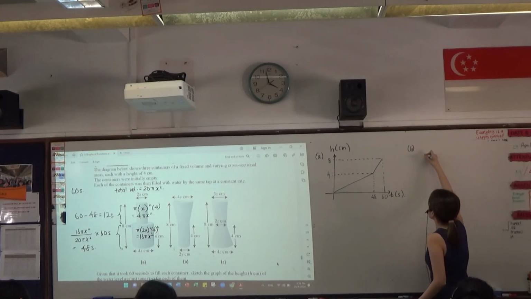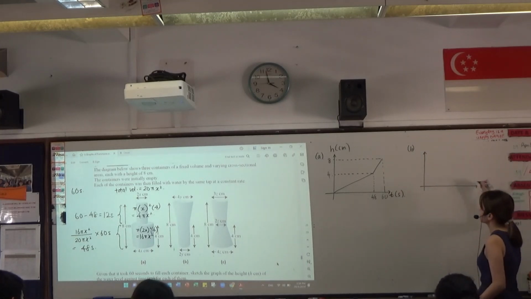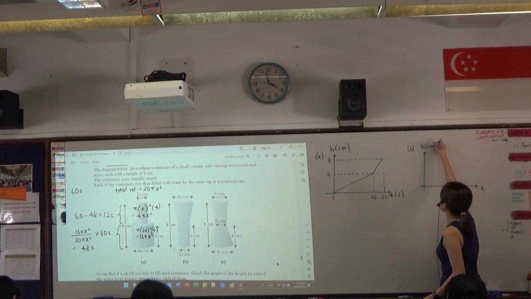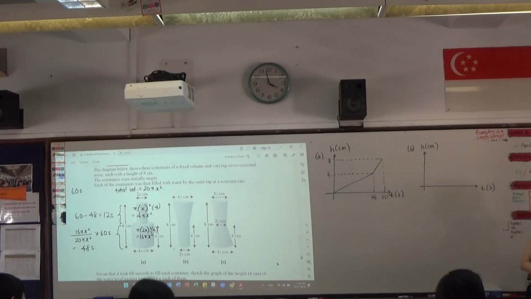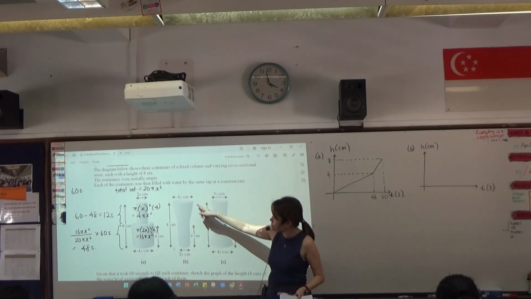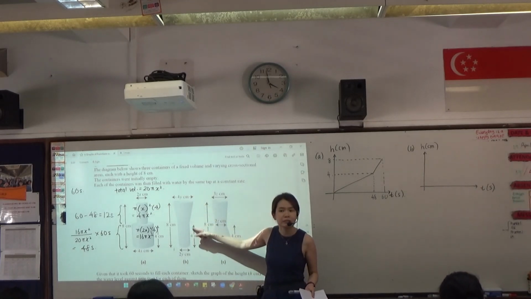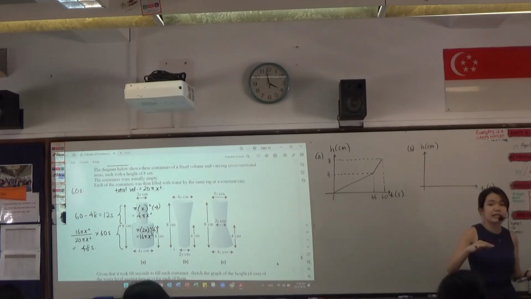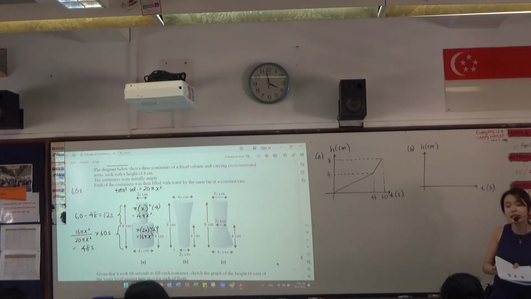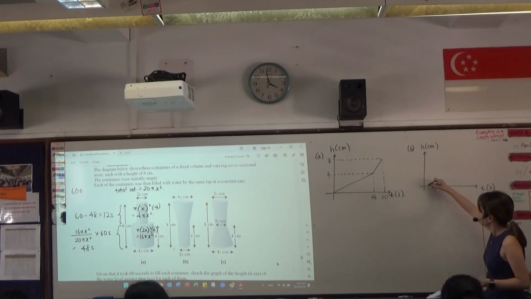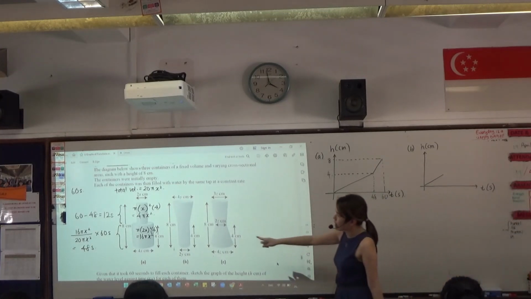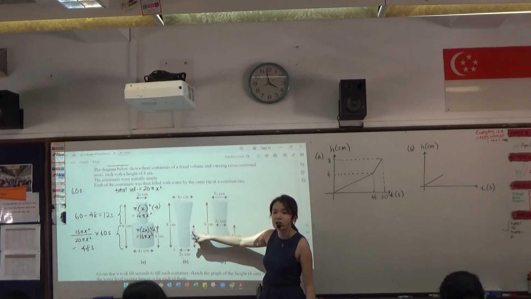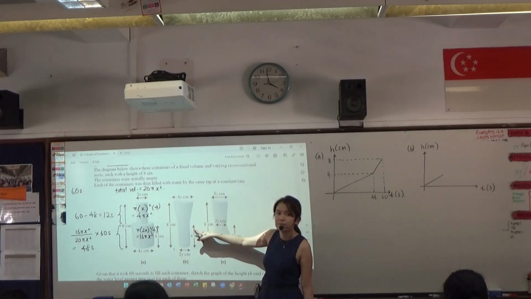For part B and part C, we are not able to determine because we don't have sufficient information. But we know that for part B, the bottom segment, okay, has a uniform cross-sectional area. So uniform cross-sectional area would mean that we expect a straight line segment, okay, followed by a curvature because of this non-uniform cross-sectional area.